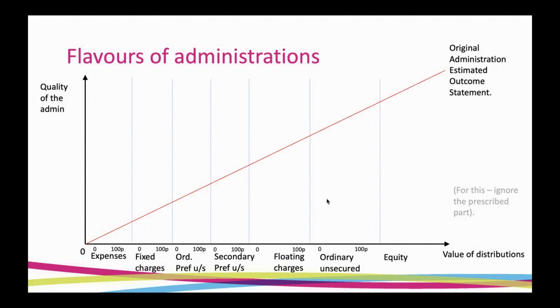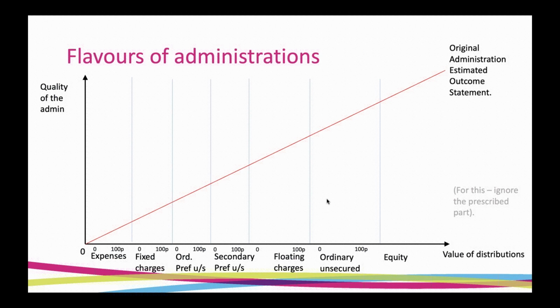Now, I thought it might be useful to try and set this out as a diagram. So if you can imagine this representing the full range of administrations, and where quality is directly proportional to the result that you get.